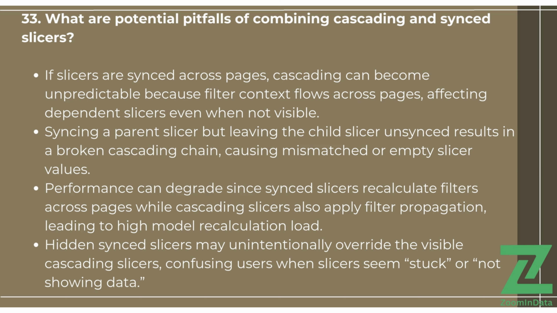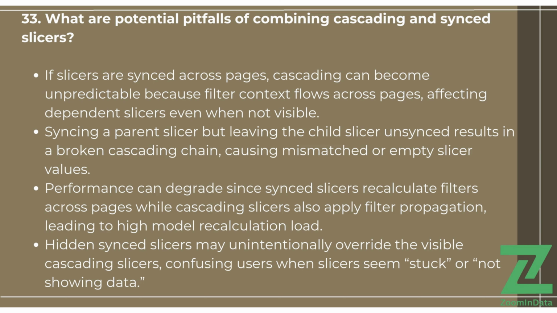33rd question. What are potential pitfalls of combining cascading and synced slicers? If slicers are synced across pages, cascading can become unpredictable because filter context flows across pages, affecting dependent slicers even when not visible. Syncing a parent slicer but leaving the child slicer unsynced results in a broken cascading chain, causing mismatched or empty slicer values.